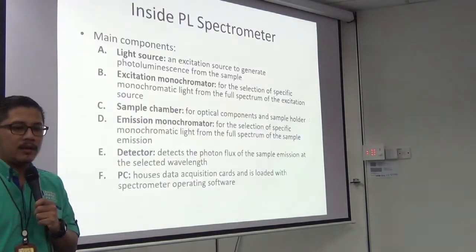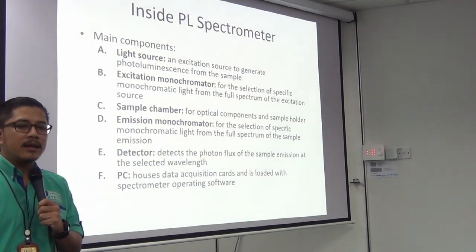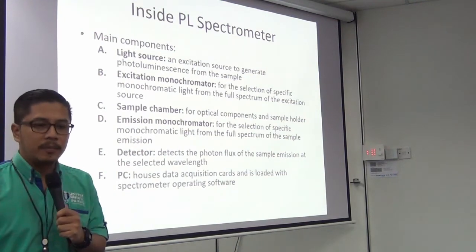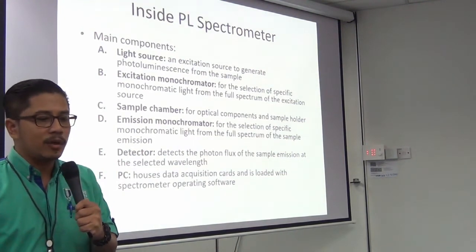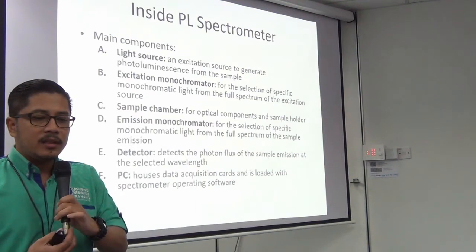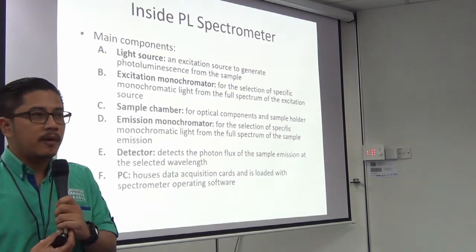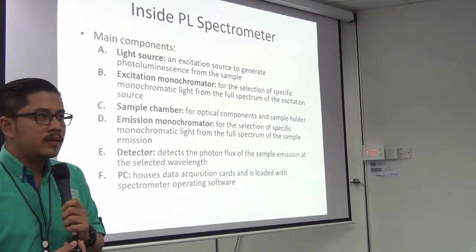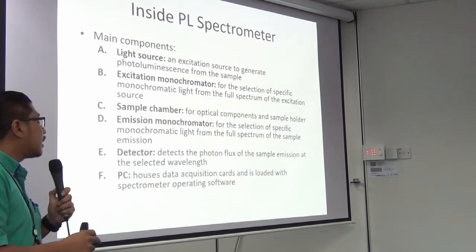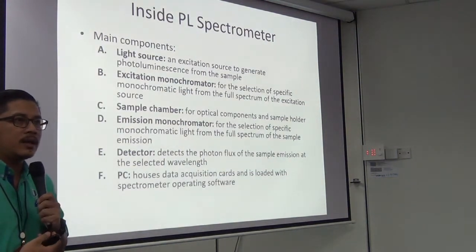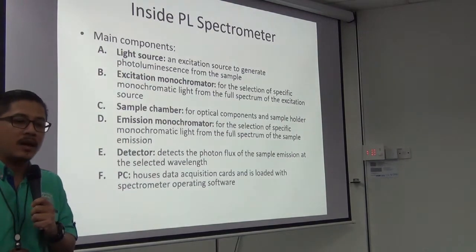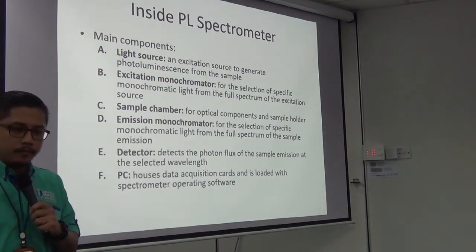Very simple topic. And these are the main components in the PL spectrometer. The first one is the light source, an excitation source to generate photoluminescence from the samples. Before understanding the PL spectrometer, we need to understand the absorption spectrometer, which we have covered in previous chapters.